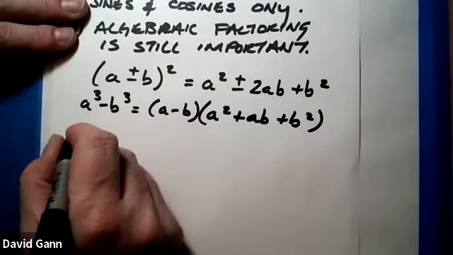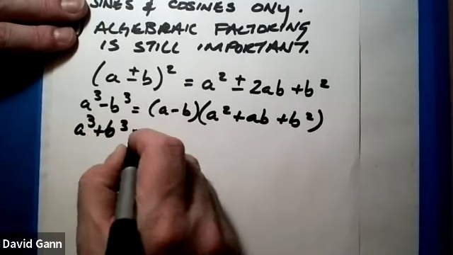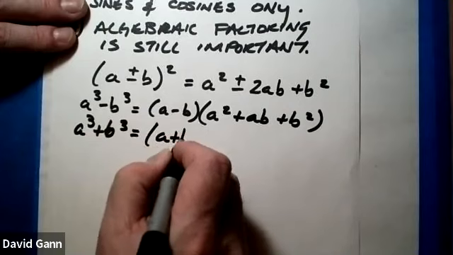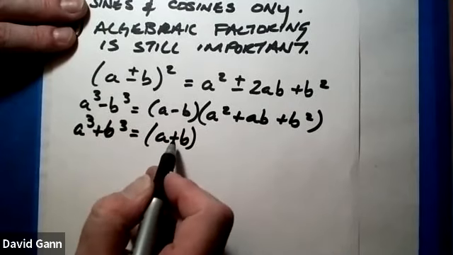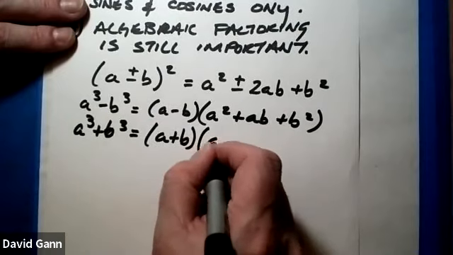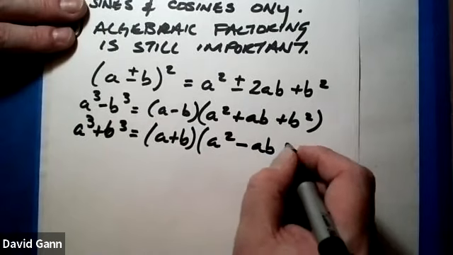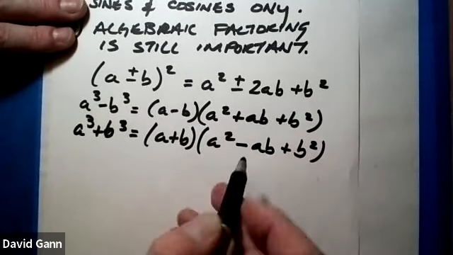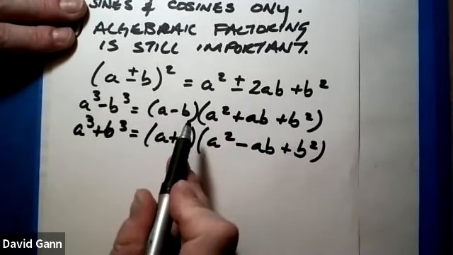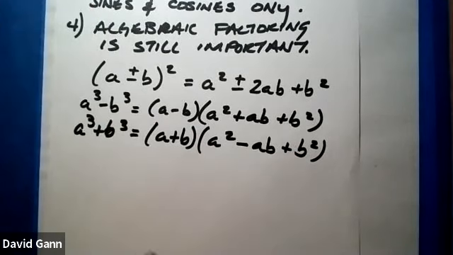And I'm going to go ahead and do a sum of cubes, so you can see what I'm talking about. For the sum of cubes, it's actually a plus b. The sign is the same. And then the second factor, that's where you see the change in sign, where it's negative as opposed to positive. Just compare those a second.